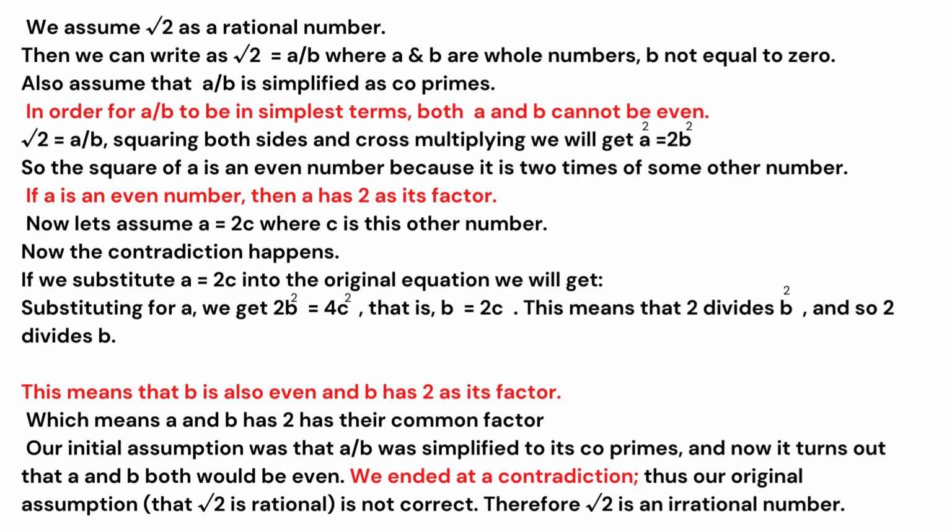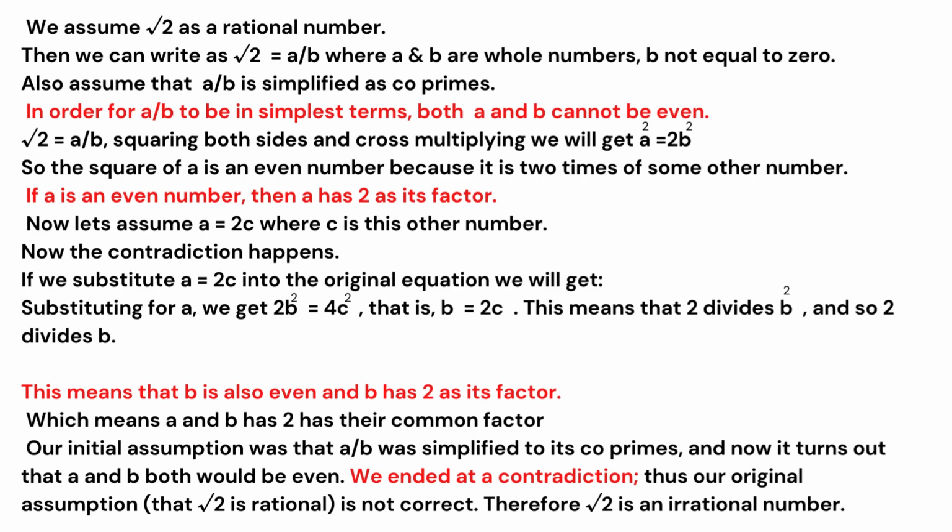Now let's assume a is equal to 2c, where c is some other number. Now the contradiction happens. We substitute a is equal to 2c in the original equation. Then we will get 2b square is equal to 4c square, which is b square is equal to 2c square. This means that 2 divides b square. So 2 divides b also. This means that b is also even and b has 2 as its factor.